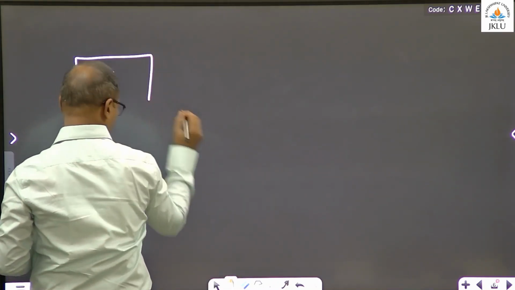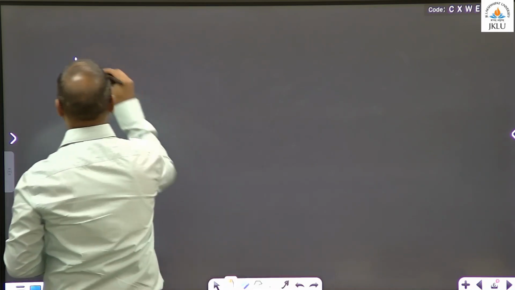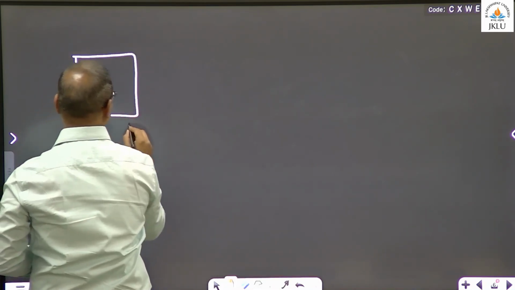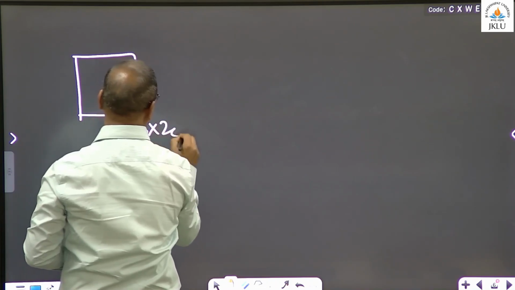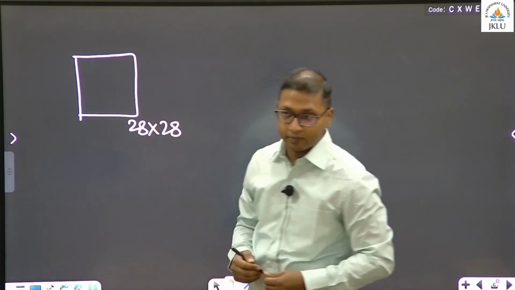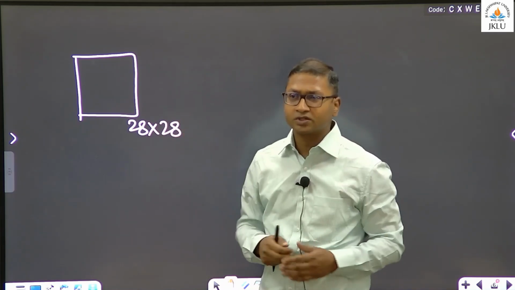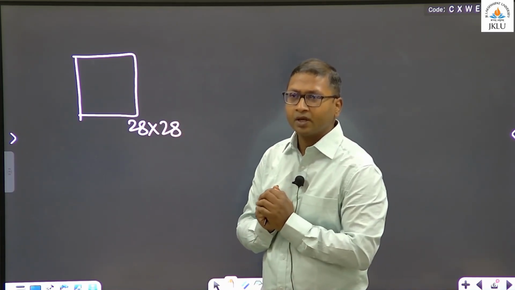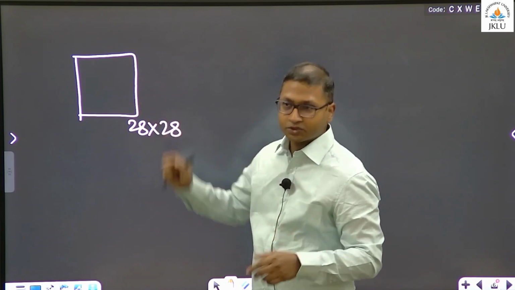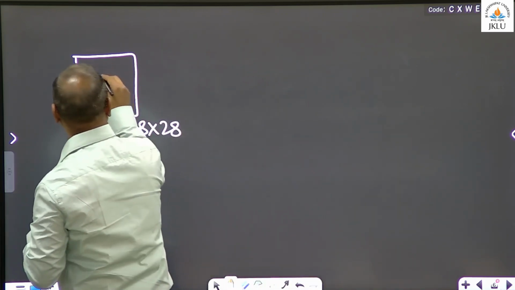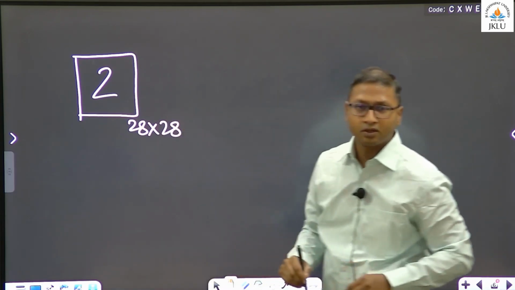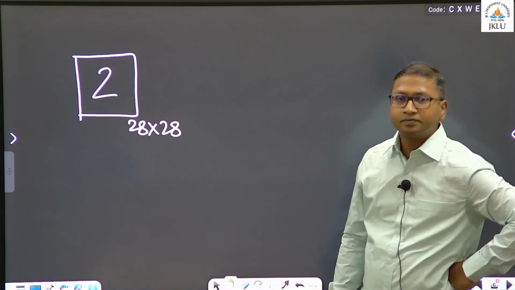So you have an input size 28 cross 28 image, whatever, 28 cross 28, 32 cross 32, whatever it is, okay? And now, let's say there is digit 2 in this. What will be its label?